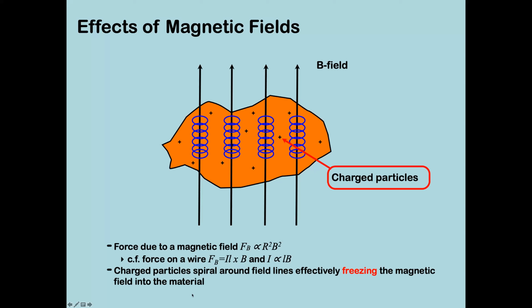The fact that you have ions that are spiraling around these magnetic field lines, in principle means that they are kind of freezing the magnetic field into the material. And of course, this freezing can be more or less true depending on how many of these ions are present. If the ionization fraction is very large, then basically all the cloud will be stuck in there, because of course the neutrals will also feel the effect indirectly, as they collide with these ions.